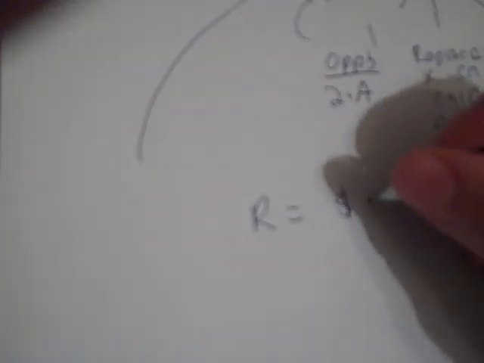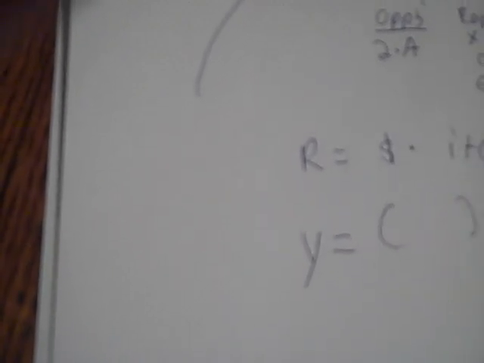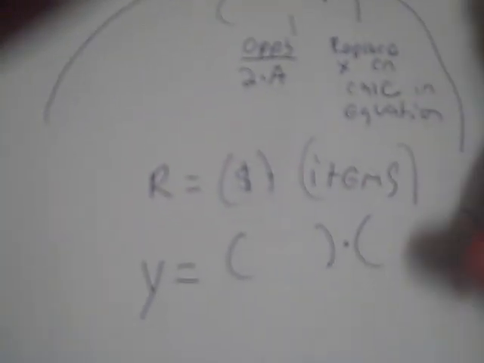Now write the equation. This is a revenue problem, so the revenue equals the dollars multiplied by the items that we sell. Okay, get r out of there and put y in. And then each factor needs a parentheses. So the money, I have $1 and I have 5 cents.